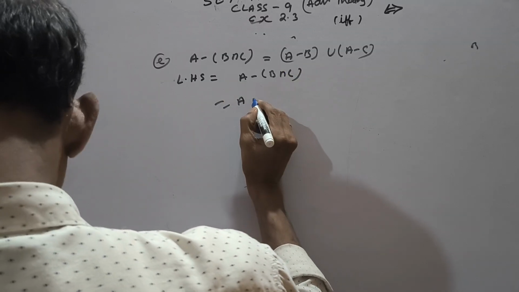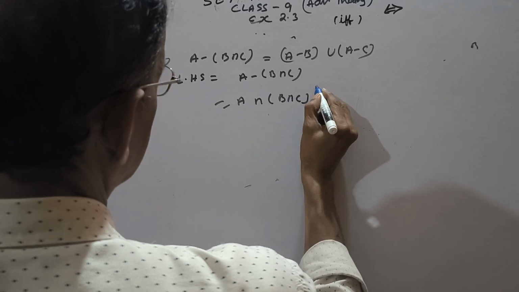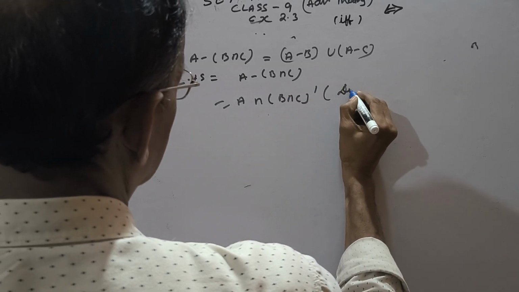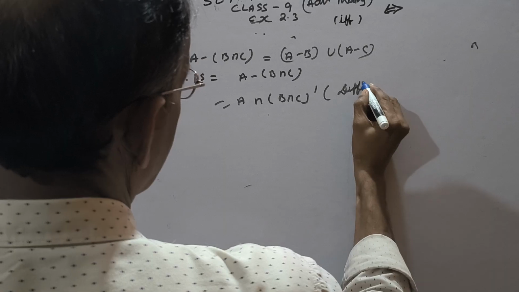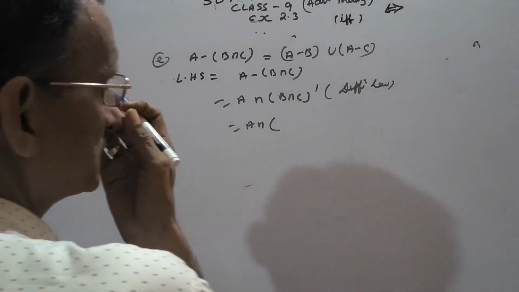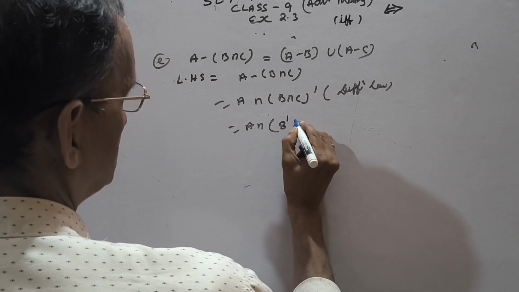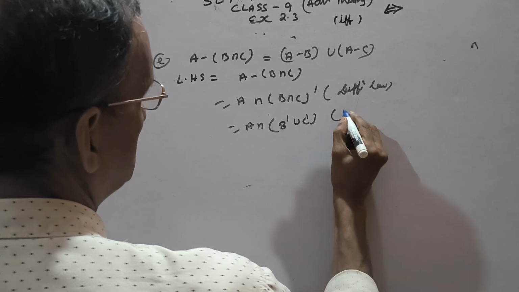What do we write? A intersection (B intersection C) whole complement, difference law. So this is A intersection (B complement union C complement), De Morgan's law can be used here.